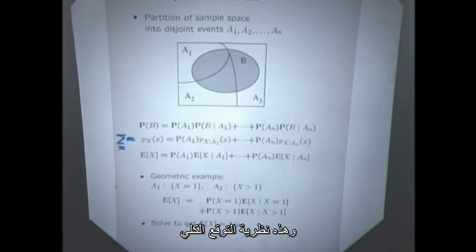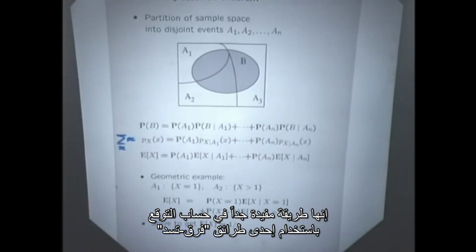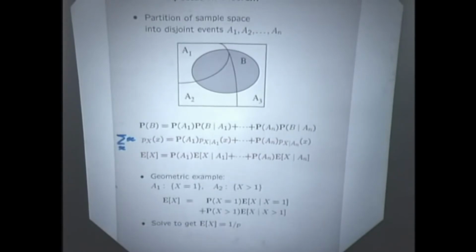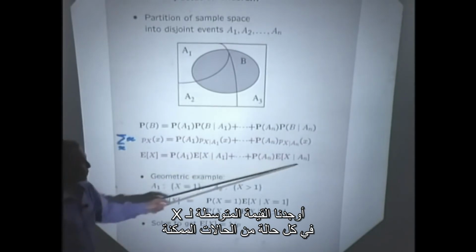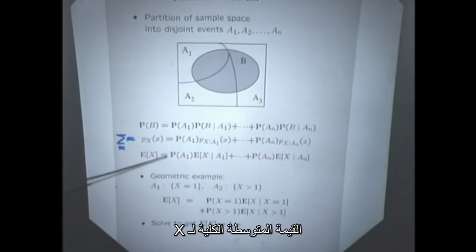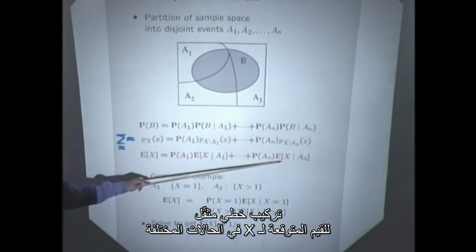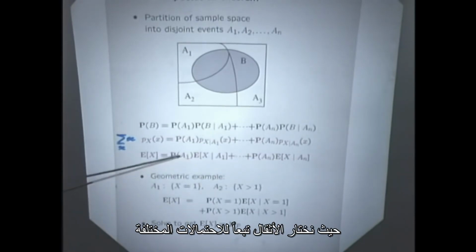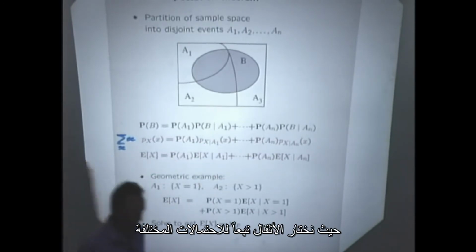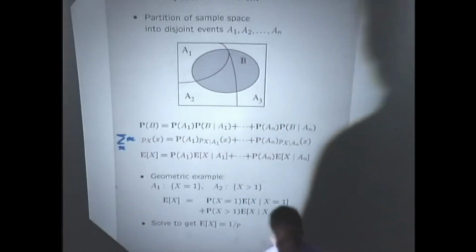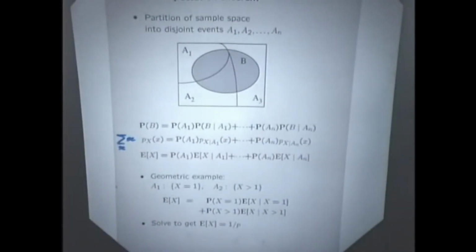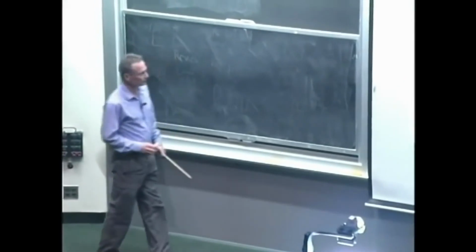And this is the total expectation theorem. It's a very useful way for calculating expectations using a divide and conquer method. We figure out the average value of x under each one of the possible scenarios. The overall average value of x is a weighted linear combination of the expected values of x in the different scenarios, where the weights are chosen according to the different probabilities.